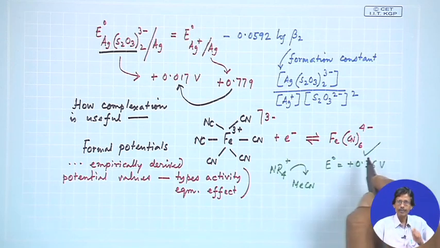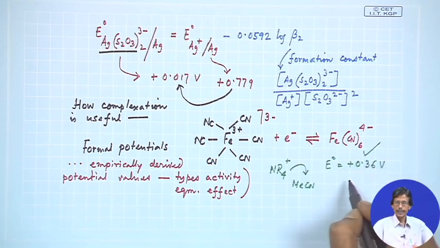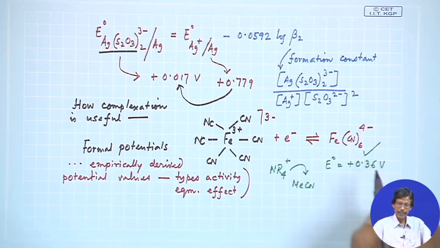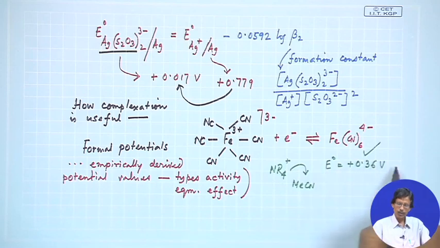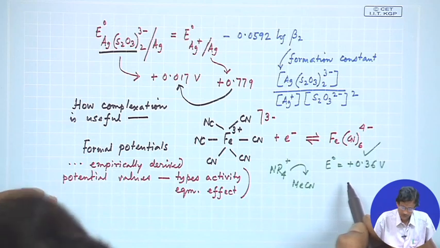Experimentally we can determine it by an electrochemical technique. We will see in the later part of these classes, on electrochemical methods of analysis, cyclic voltammetric analysis. It is a standard sample for knowing the standard potential values for these cyclic voltammetric measurements.